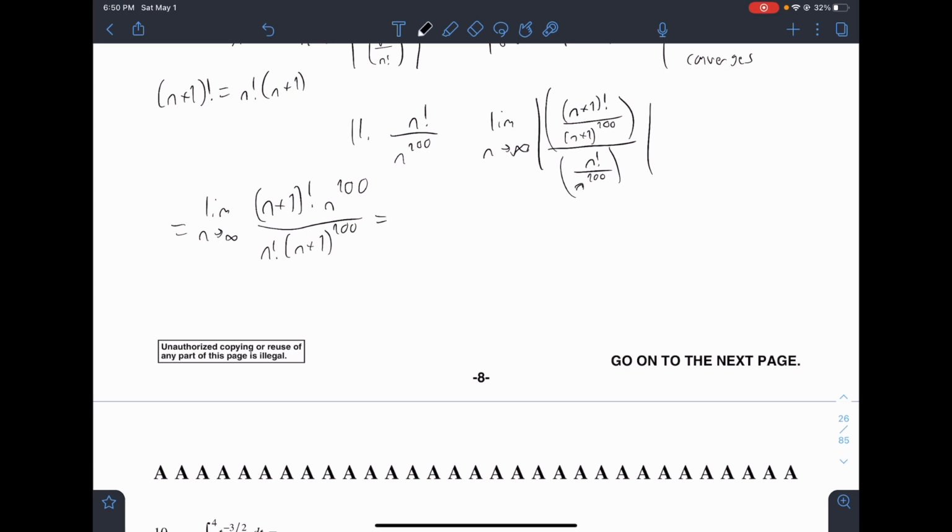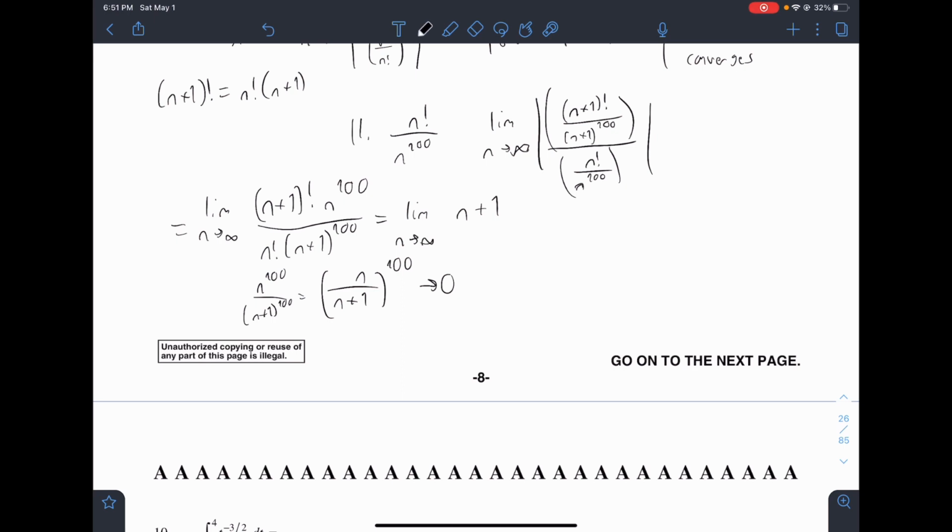So we can separate these fractions. n plus 1 factorial over n factorial is just going to be n plus 1, that's the definition of a factorial. Then n to the 100th over n plus 1 to the 100th is the same thing as n over n plus 1, to the 100th, which goes to 0.